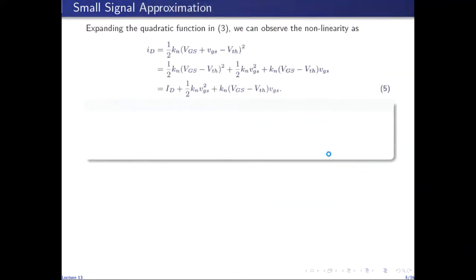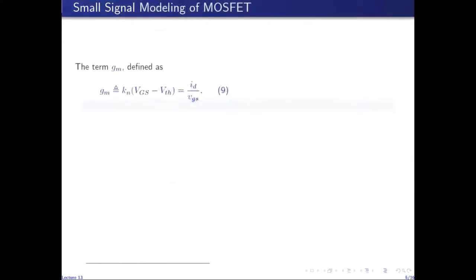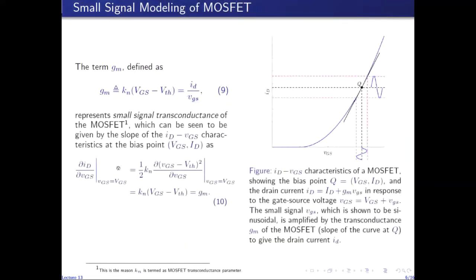So if I differentiate this expression with respect to VGS at the bias point, then it is very easy to show that the result is given by GM.